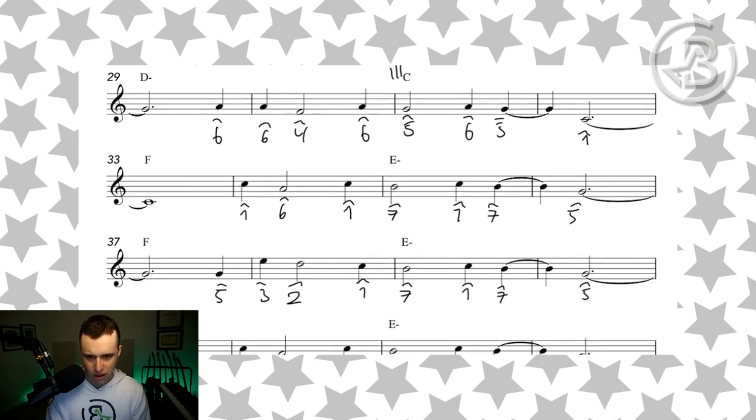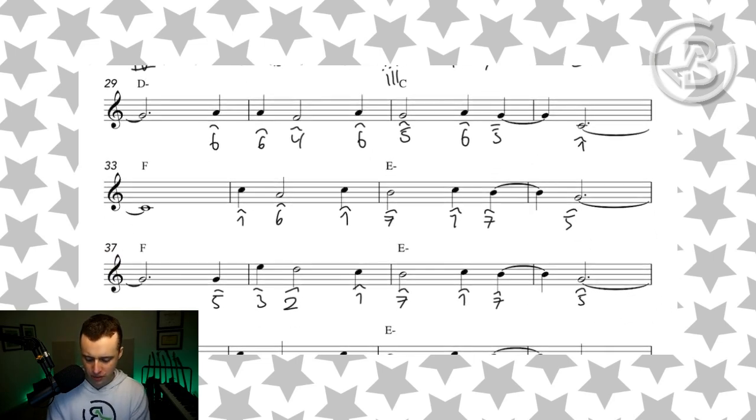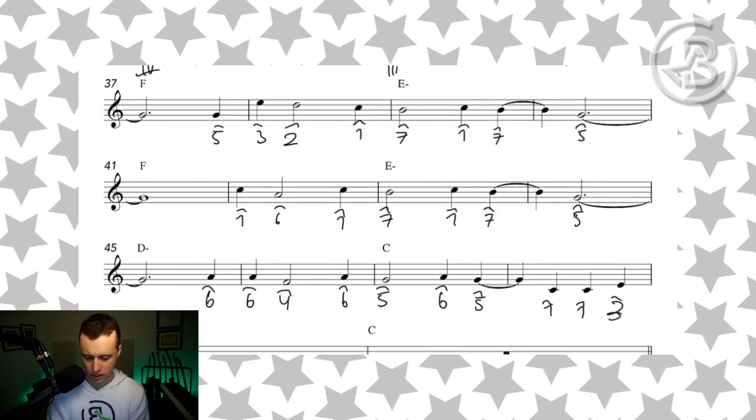The next one is D minor, which is going to be 2. Then we have C, which is 1, F, which is 4. Let me guess. Sure enough, E minor, which is 3. Then we're going to do the 4 to 3 again. 4, 3.